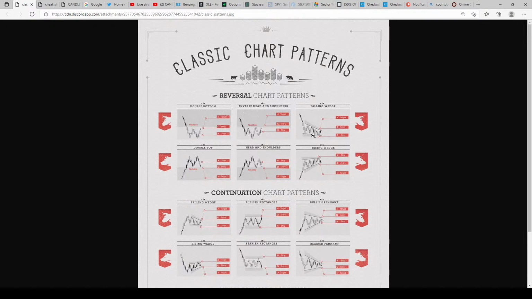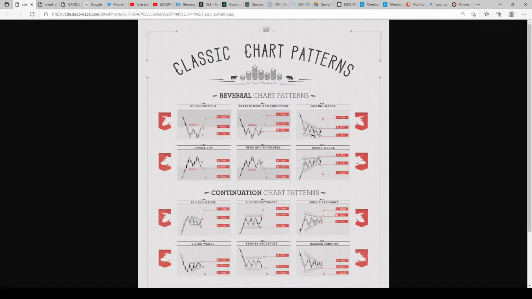Now these will be different than triangles that I'll show you here in a minute, but with these, traditionally, the falling wedge is going to be more bullish. The rising wedge is going to be more bearish.